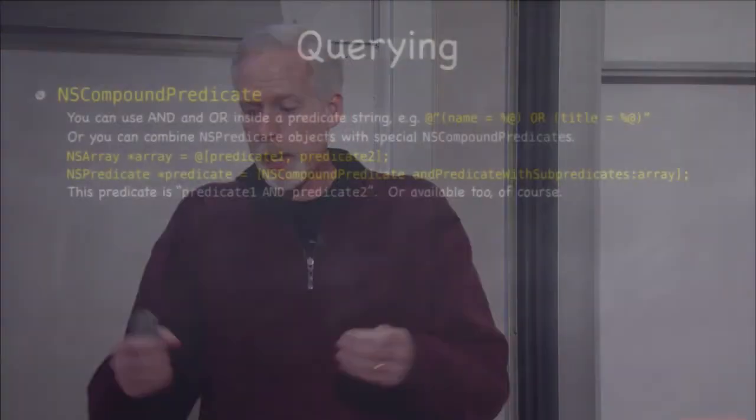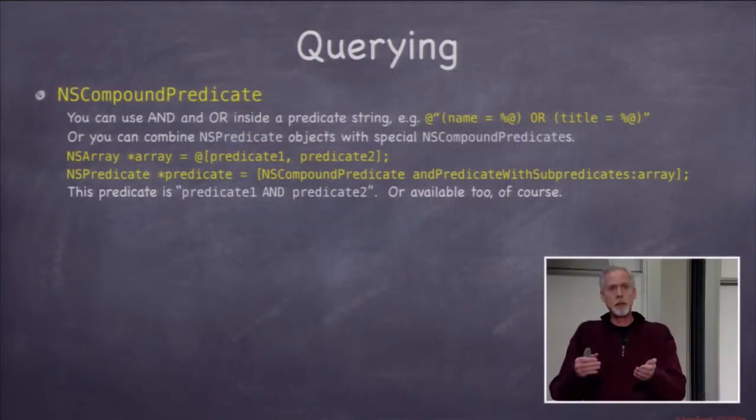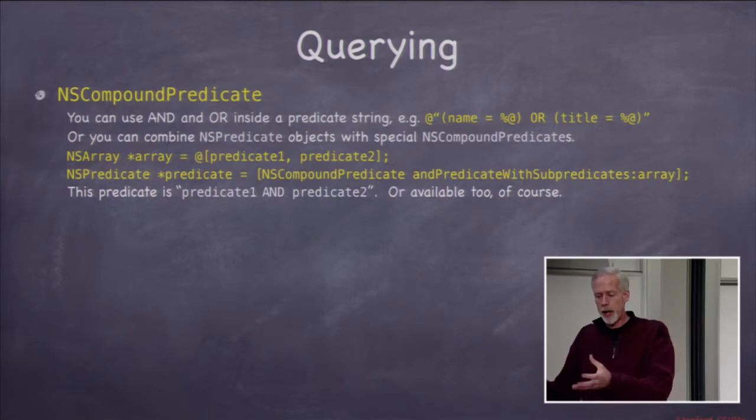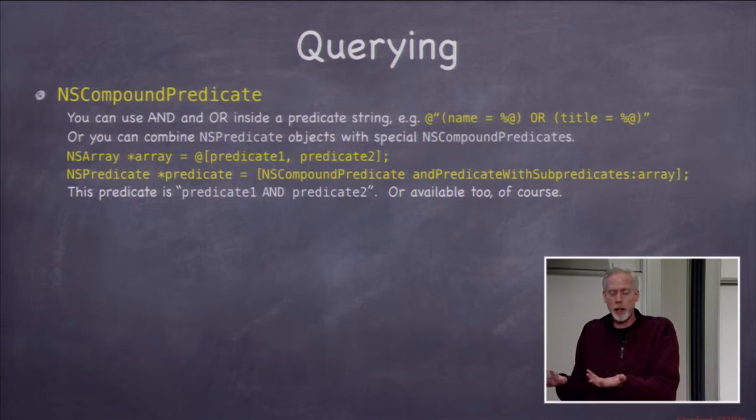Okay, so there's a bunch of examples. Again, I'm just trying to give you examples. We're not trying to teach you predicates here. There's also a compound predicate. In the NSPredicate, you can say AND or OR. So you could say name equals %@ or title equals %@, if you had an object that had a name and a title. Or you could say who took dot name equals blah or title equals blah.